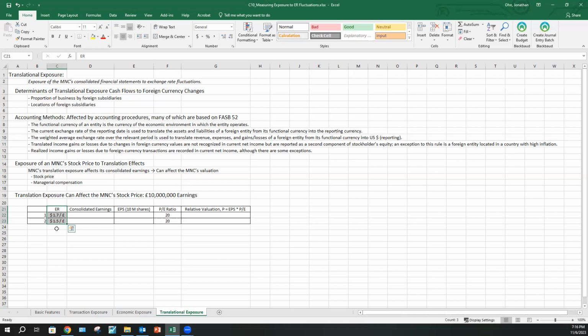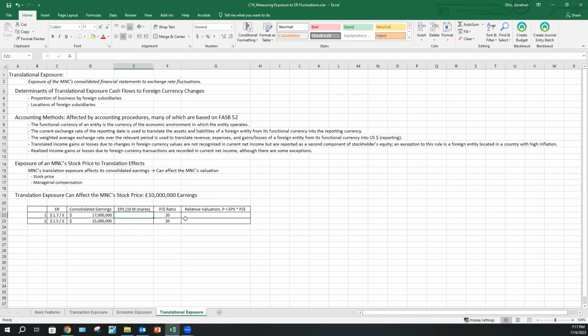Then the consolidated earnings, changing that to US dollars, is 1.7 times 10 million, so 17 million dollars. And in the second case, it is 1.5 times 10 million, in US dollars, right?